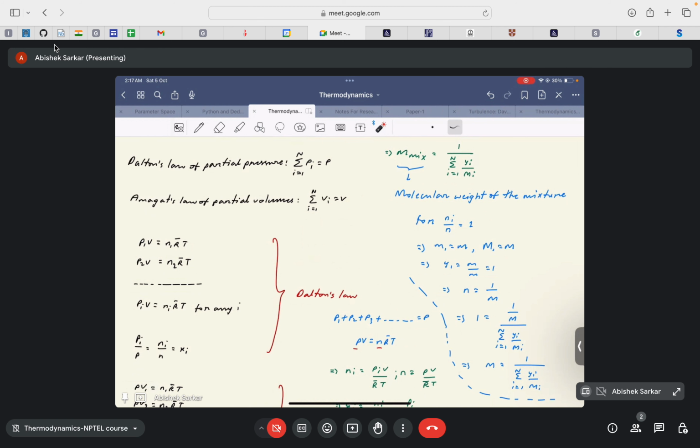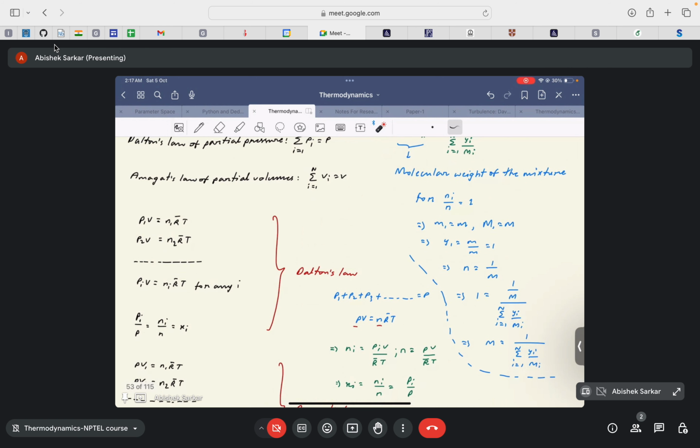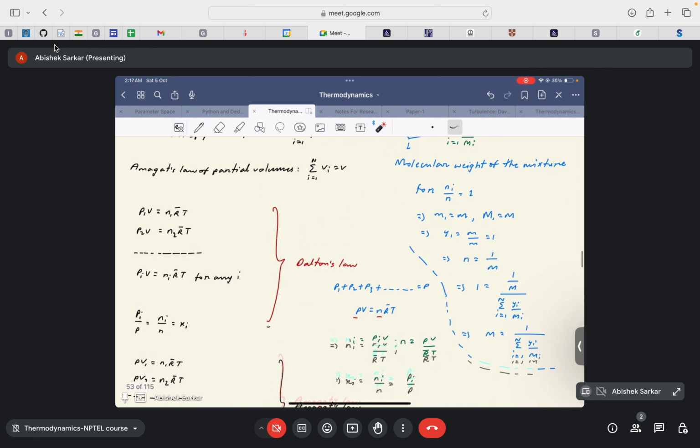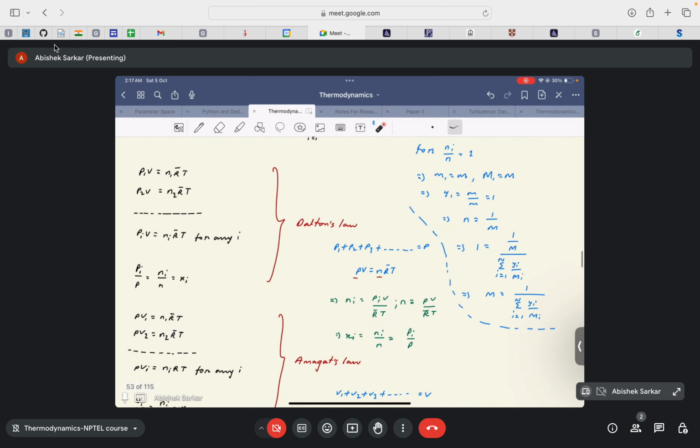Similarly, we can write the ideal gas law for the second component as P2 into V is equal to N2 R bar T. For the ith component, we can write Pi V is equal to Ni R bar T, where R bar denotes the universal gas constant. Now, the total pressure P is the summation of all the pressures exerted by the individual gas components.